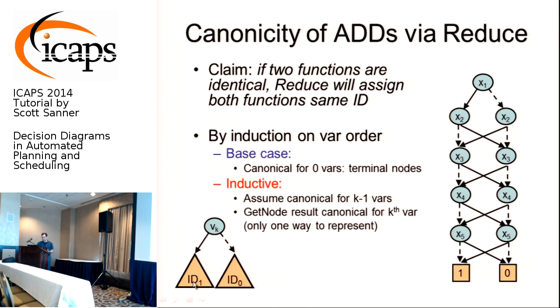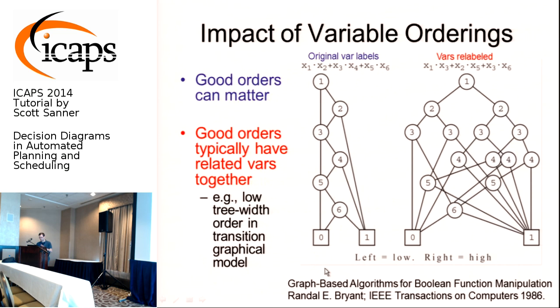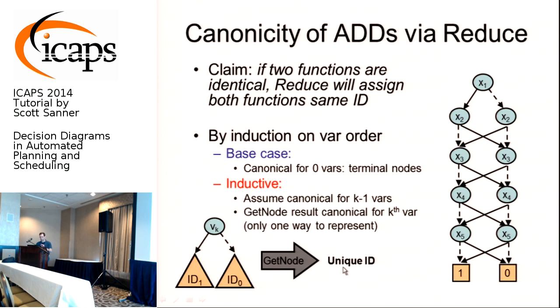And if the true branch and false branch are different functions, there's only one representation of that function. You store it in the hash table. And if they were the same function, then remember you get rid of xk because it's not important. And then you already proved that this is inductively reduced or canonical. So it's a pretty straightforward proof that the reduce algorithm does give you a minimal canonical representation for a function. The proof will be on the slides for you to look at later.